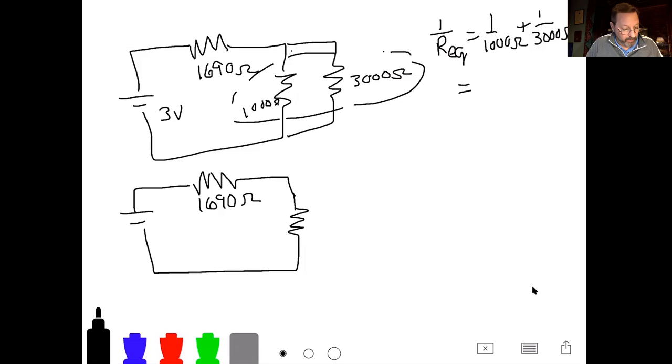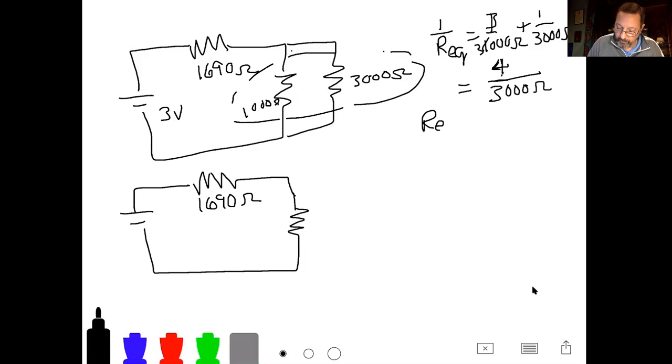So that would be 3 over 3,000 plus 1 over 3,000, which is 4 over 3,000. I was making a mistake there. 4 over 3,000 is the reciprocal of the equivalent resistance.